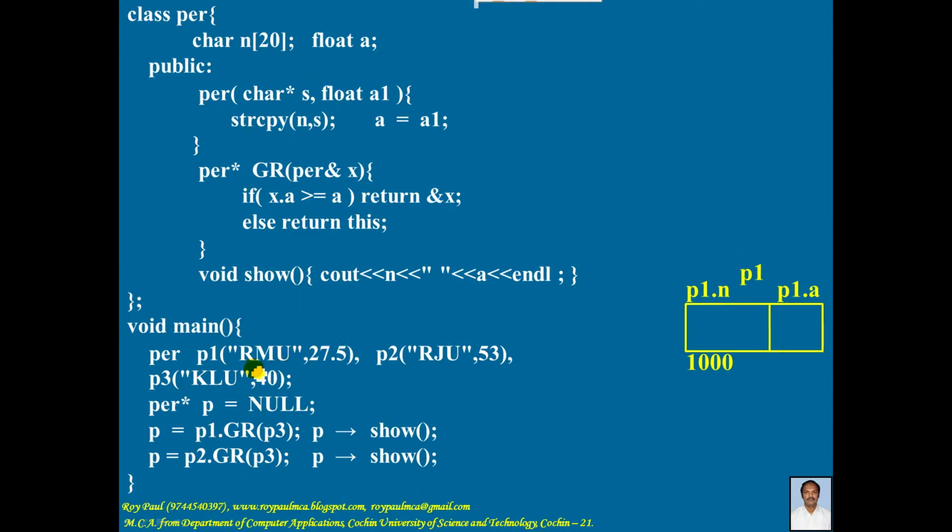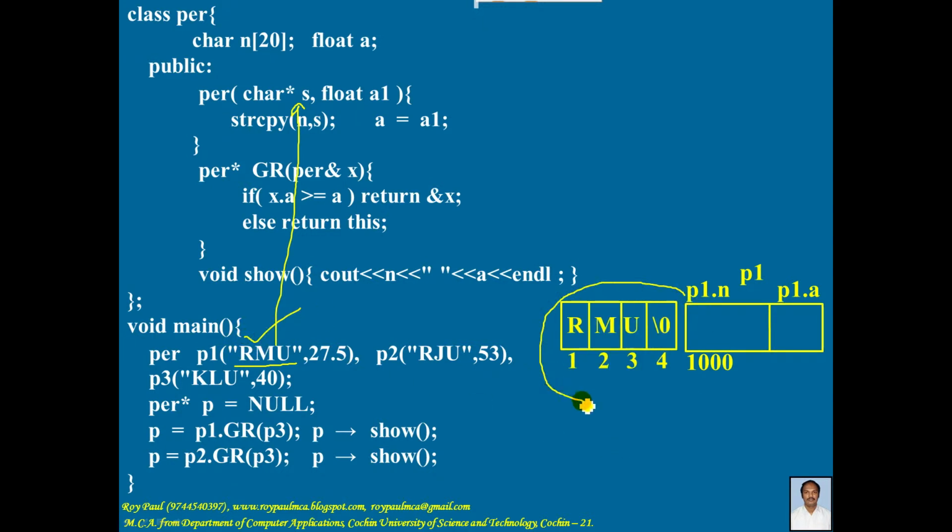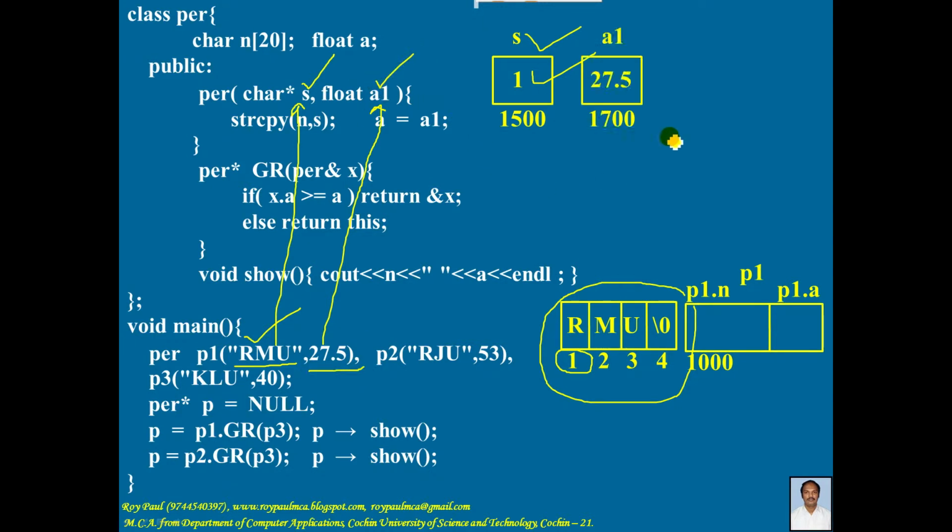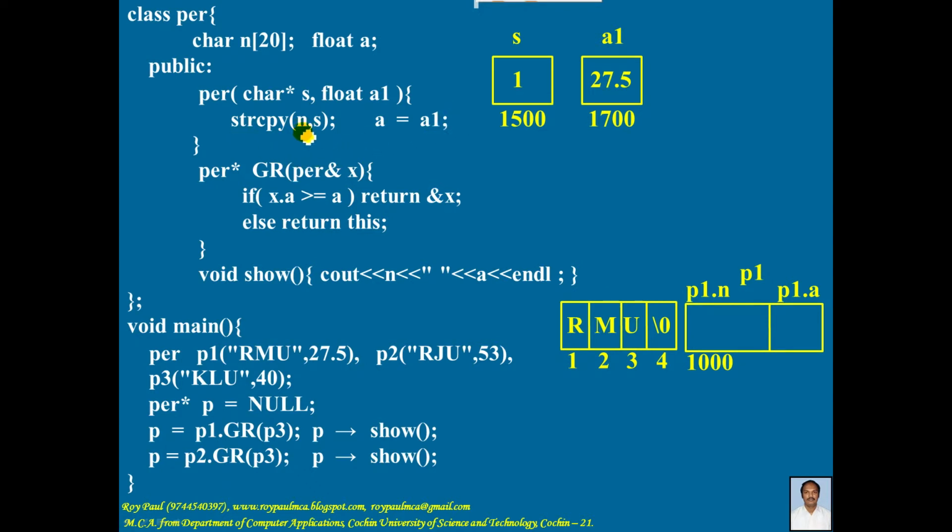In order to assign a string constant to a pointer variable, the string should be stored in some memory location like this, and the base address of the memory location, for example 1, comes in the pointer variable s. So s contains 1. Now the second argument is passed to the second parameter. So 27.5 comes in A1. So A1 contains 27.5.